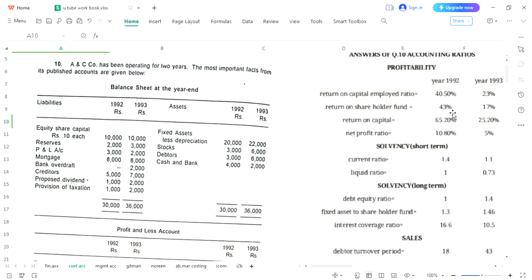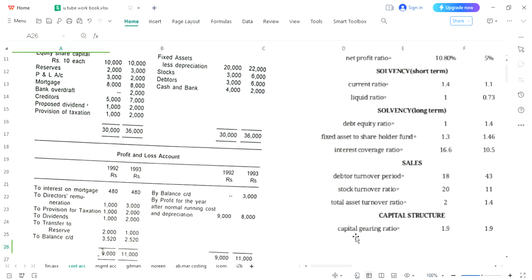So guys, in this way all ratios for the first year have been completed. All answers are in front of you and we have solved each and every one except this first ratio. This was not included in the outline. So we started from return on shareholder fund and calculated all the ratios till the capital gearing ratio. Please give more attention to the capital gearing ratio, the interest coverage ratio, and a few other ratios which you are calculating for the first time.